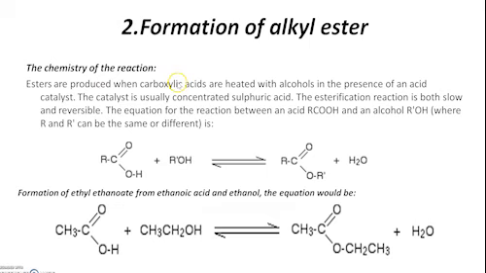The chemistry of reaction: esters are produced when carboxylic acids are heated. So the condition is heat with alcohols in the presence of an acid catalyst. Here we can use sulfuric acid as a catalyst. The catalyst is usually concentrated sulfuric acid.